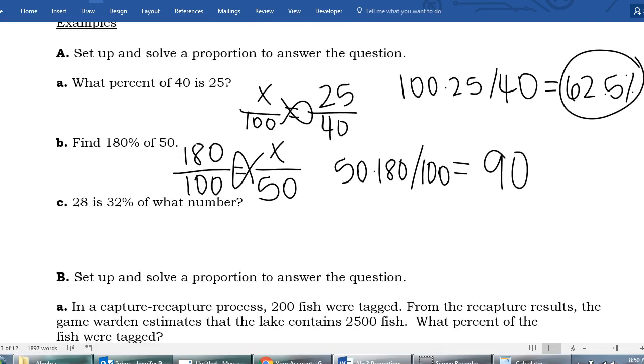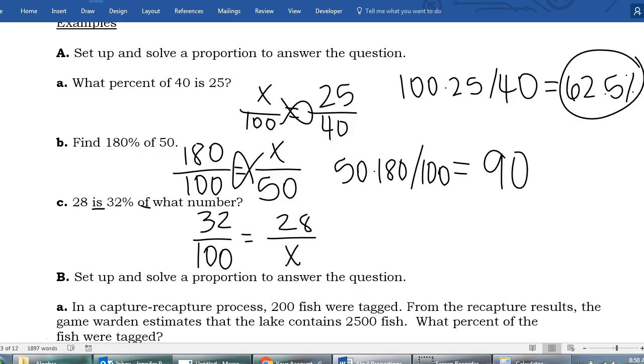And the last one says 28 is 32% of what number? So let's figure out where goes what. 32%. My percent always goes over 100. My question says 28 is, and I also have an of what? If I look for my cues to help me figure out, does the 28 go on the top or the bottom? 28 is the part, and it's the part of the whole.